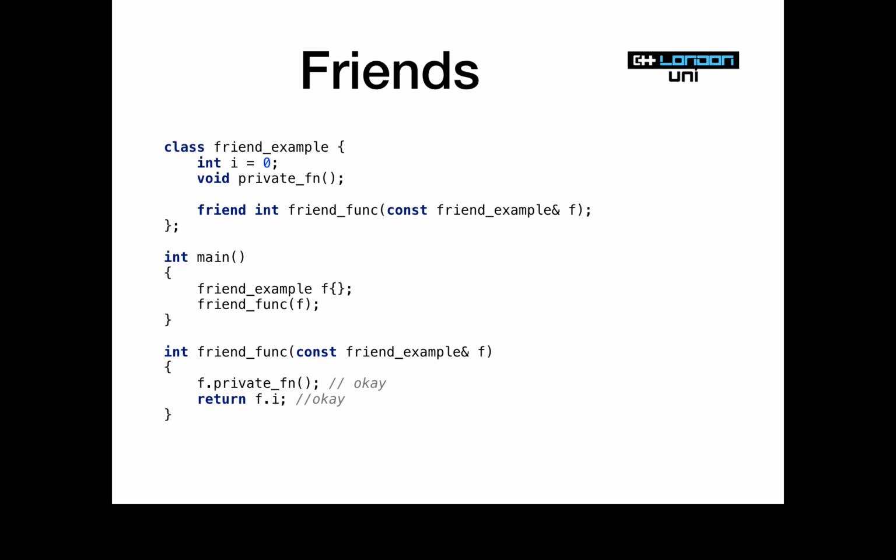What's the advantage of this rather than having a member function? Good question. It's because sometimes you need to use a non-member function, and a really common example of that is printing things out.